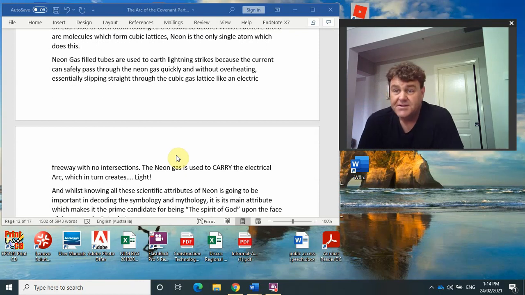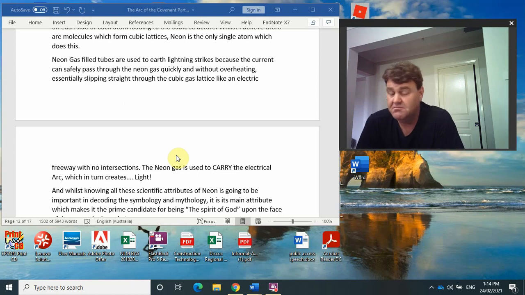And the energy just slips straight on through there because whilst the neon particles become agitated and vibrate and emit light, photons of light, because of that, they don't care.